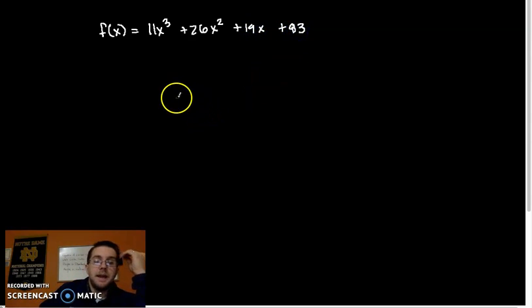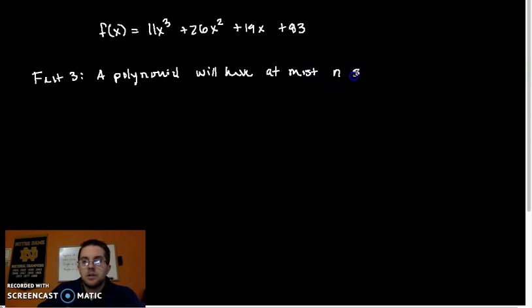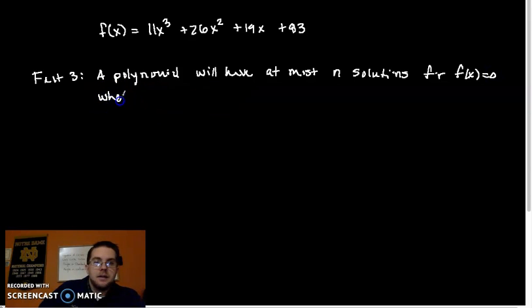Okay? And now here's fact number 3. A polynomial will have at most n solutions for f of x equals 0, where n is the degree of our polynomial.